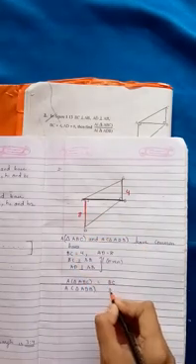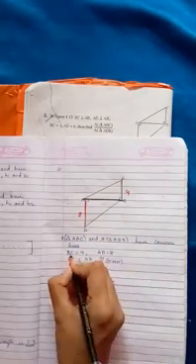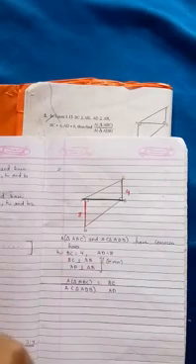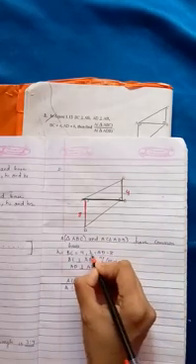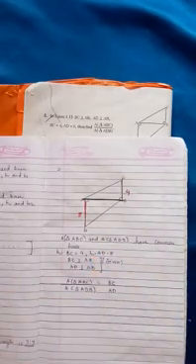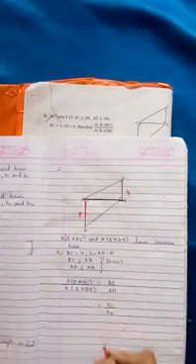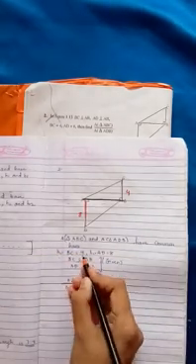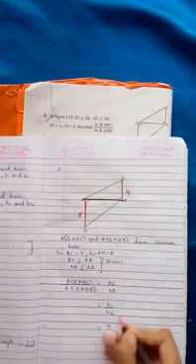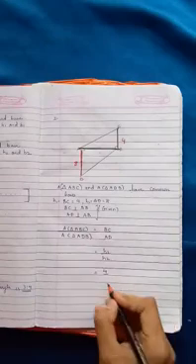Can I write BC as H1, and can I write AD as H2? Yes, I can. So here we are going to write H1 upon H2. Substitute: how much is H1? H1 is 4. And how much is H2? H2 is 8.